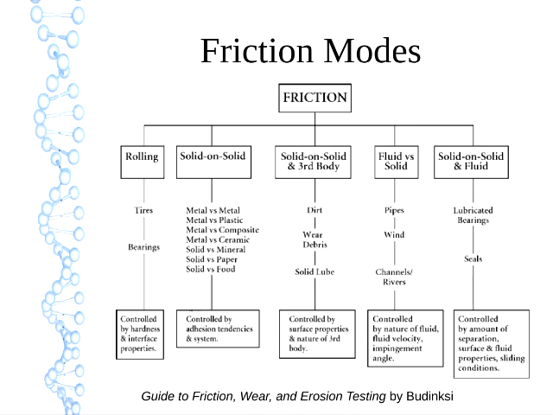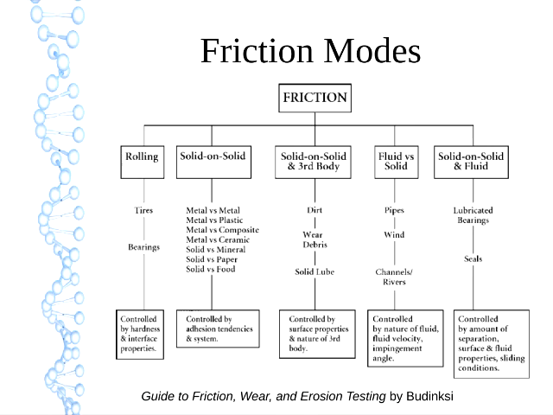Also, each of these types of friction will often have a different range of coefficient of frictions that appear in them. So next we go to solid on solid friction. In this mode you've got metal versus metal, metal versus plastic, etc. It's controlled by the adhesion tendencies, how much the surfaces tend to adhere to each other in the system.